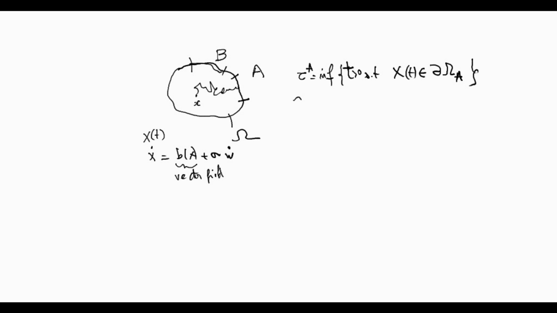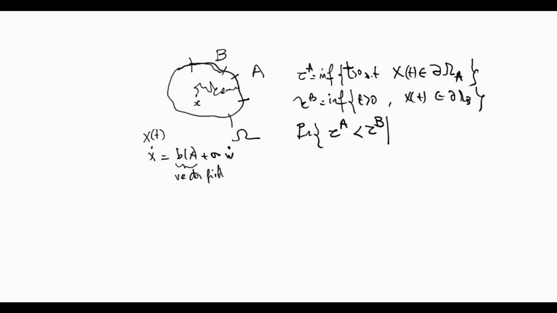And if we have tau B, the first time the process will hit part B, then what we have calculated in the previous class is the probability that tau A is less than tau B, conditioned that the process started at position x at time 0, which means x of 0 equals x.